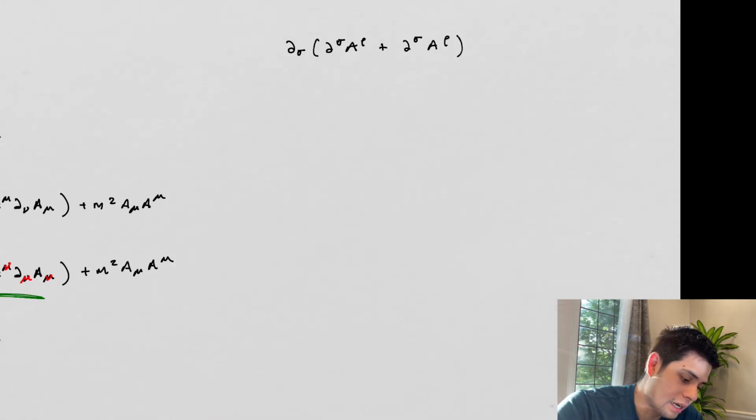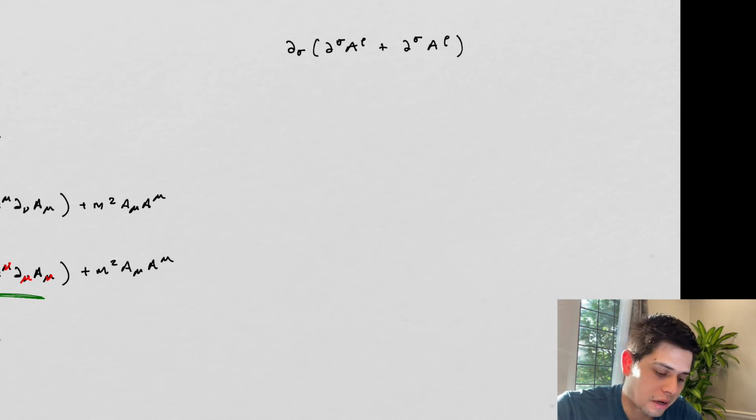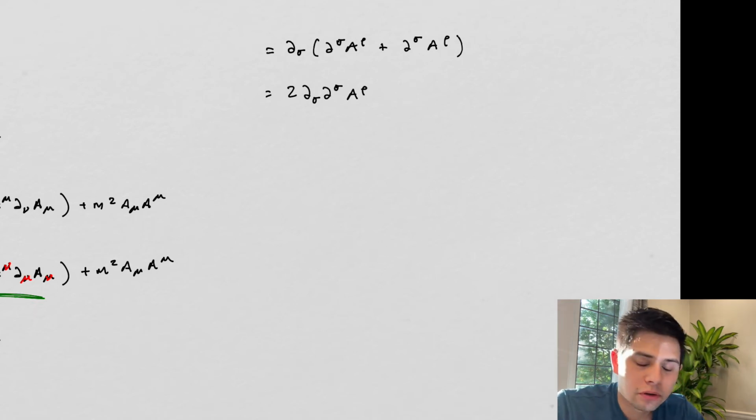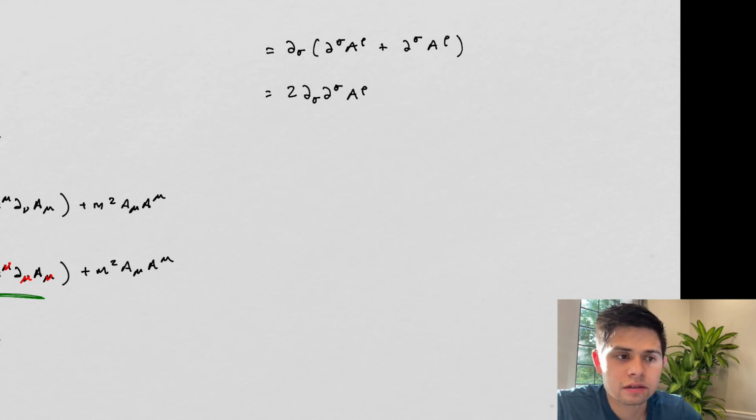But we've now come down to this point where we can say that this is 2. And the beauty about this now is that we can understand how this works.